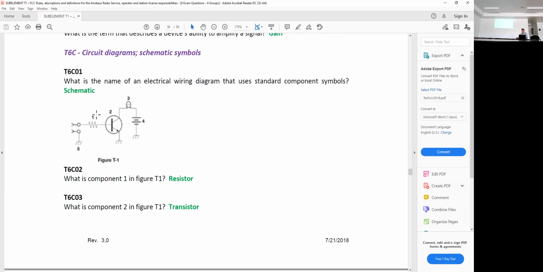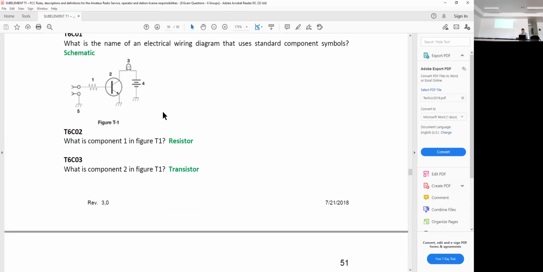You can imagine that as a garden hose kinked a whole bunch of times, restricting flow. We've talked about the transistor here in figure 2. And this looks like a lamp of some kind, and then a battery.